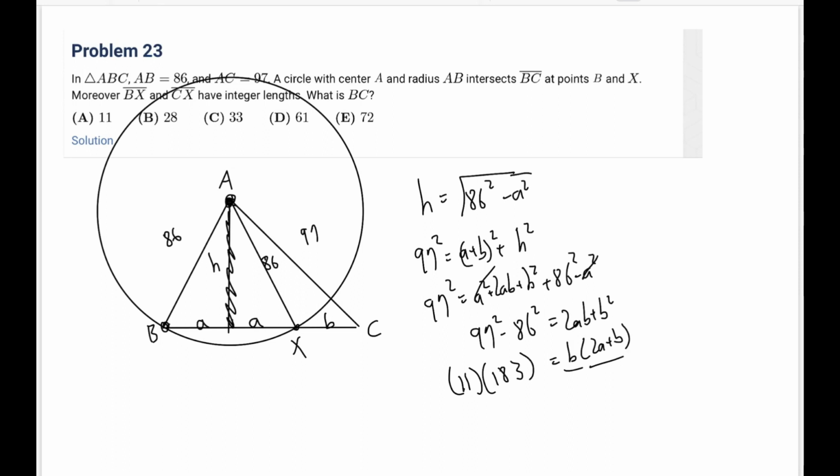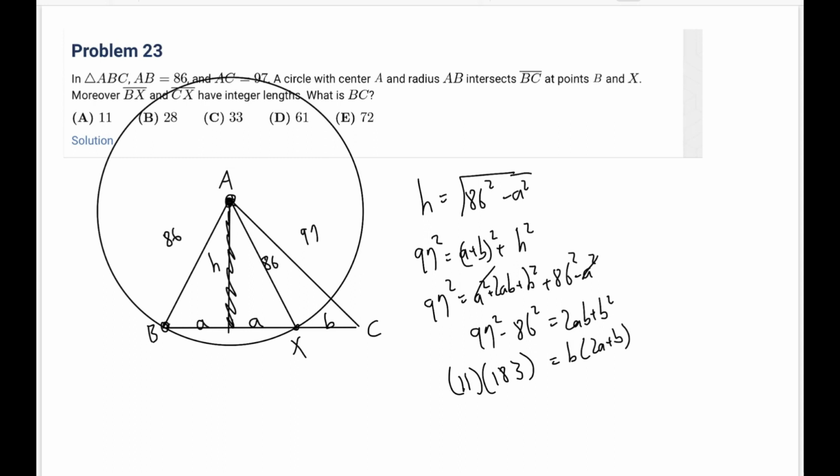So this is B times (2A plus B), but since B is this length and 2A plus B is this whole length, they are both integers, right? But then this isn't feasible because for this to happen, B would have to be 11 and 2A plus B would have to be 183. But then that's not possible because that wouldn't make a triangle.